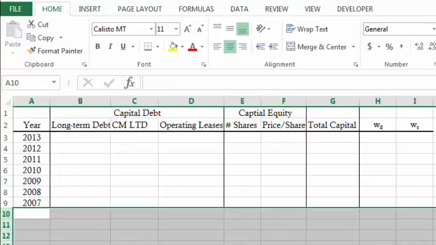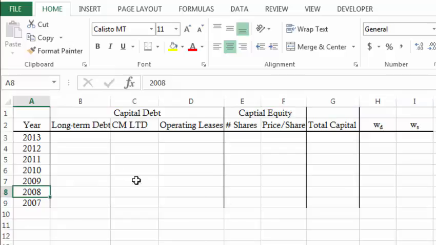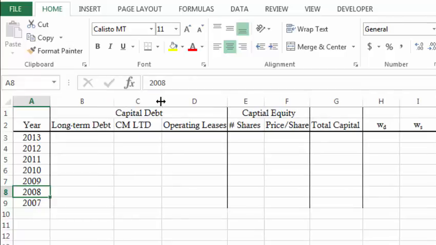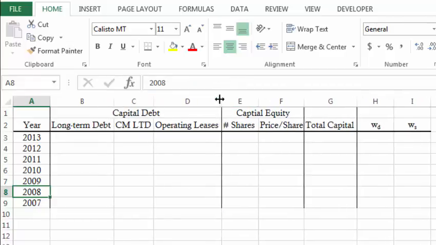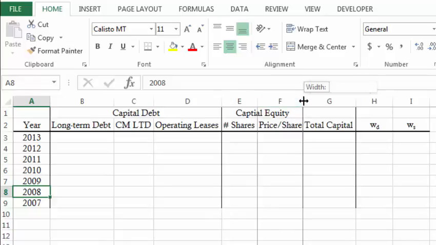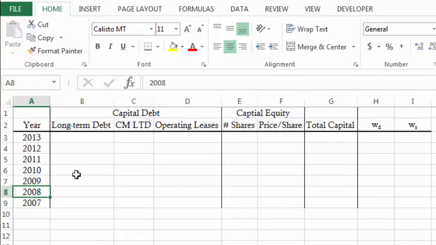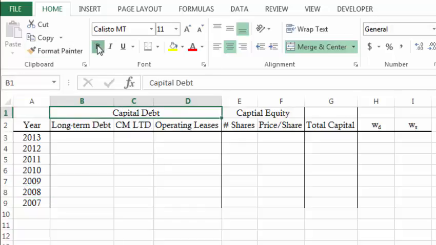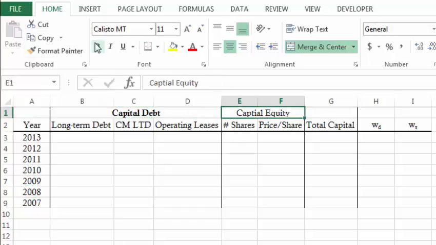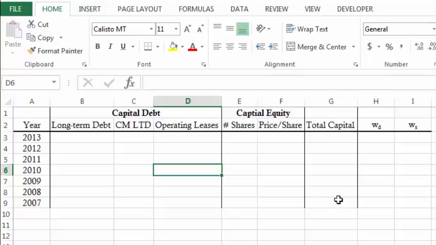So just do the number that you have on your financial statements, and yeah, I kind of went overboard. I know I could have done these all together, but what the heck. All right, having done that, in fact, let me make that one bold and that one bold. There we go. I don't know if that makes any difference, but what the heck.